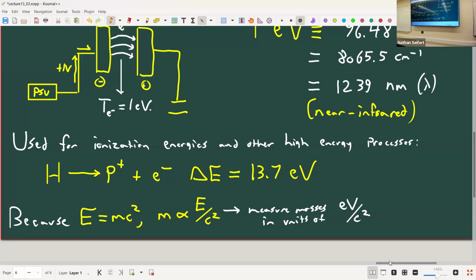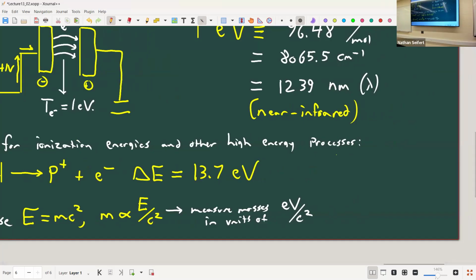And so some examples. Masses. Let's do some things that you know first, like the electron mass.